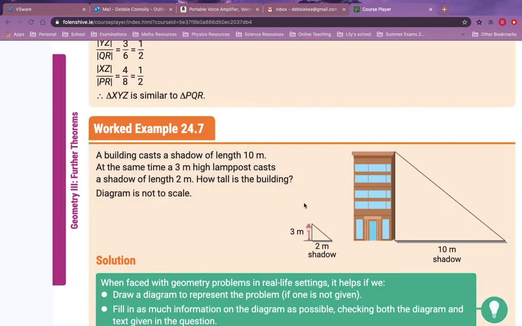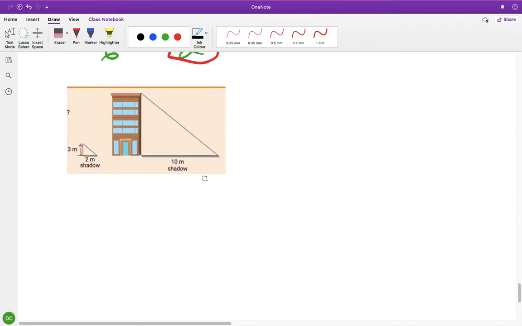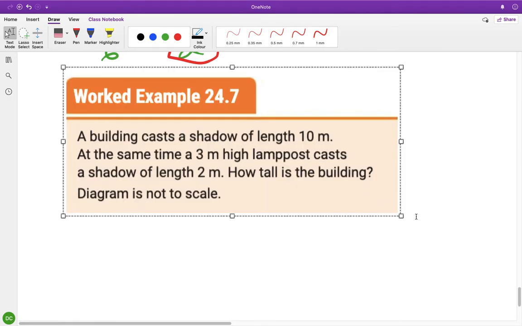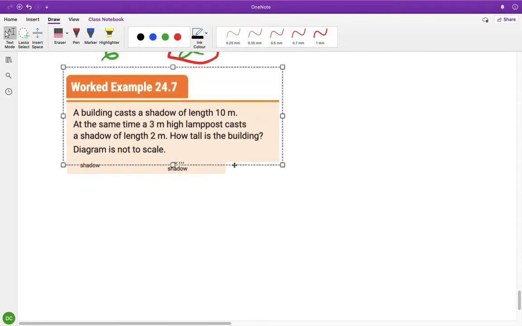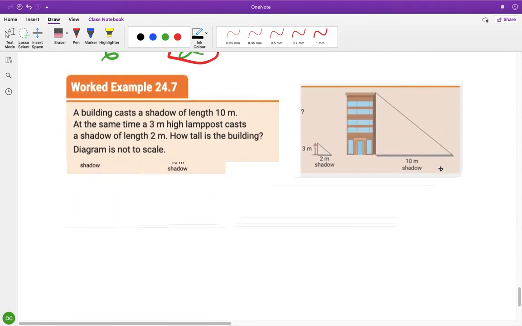It makes it so much easier to do the questions if you draw. They've given us the diagram here, but if they didn't give you the diagram, it would be fine because you would just draw it.